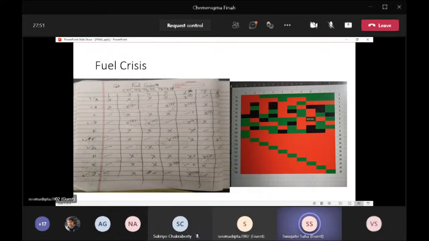So this is about the fuel crisis. There was a general description of the tests given, and the species which would respond positively to it or respond negatively to it, or show indeterminate response. So in this picture, the cross indicates negative response.